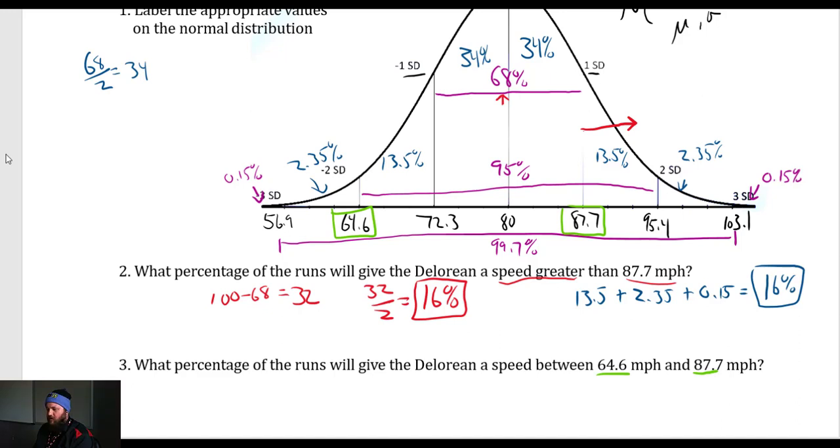We know for sure we're doing -1 standard deviation to 1 standard deviation, which is 68% of the data. Then we also have from 1 standard deviation to the second standard deviation, so we add 13.5, in which case we should get 81.5%.